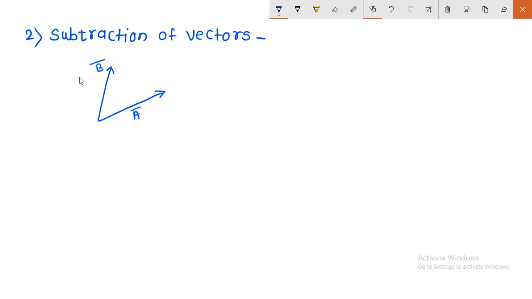Now subtraction means this is nothing but a bar minus b bar, right? Just tell me, vector b bar is given, so how can I take this minus b bar?